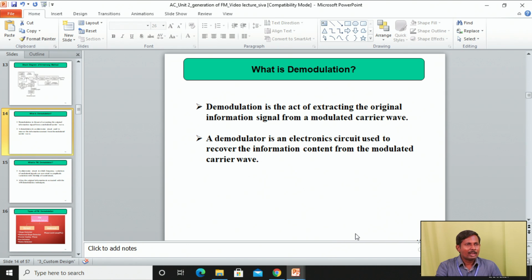So the demodulator is present in the receiver section. We need to effectively demodulate our original information signal, because during the transmission noise may be added to our modulated signal, so we need to focus on the demodulation section also.